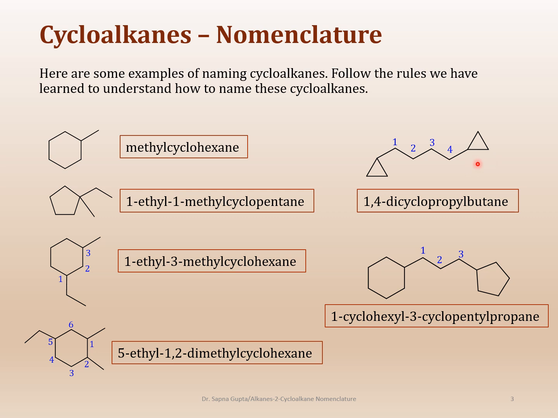But it is not going to be cyclopropane because it is attached to something, so minus one hydrogen, which means that it's going to end in -yl. Okay, so 1,4-dicyclopropyl butane.